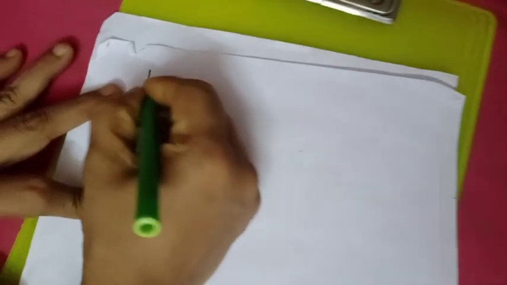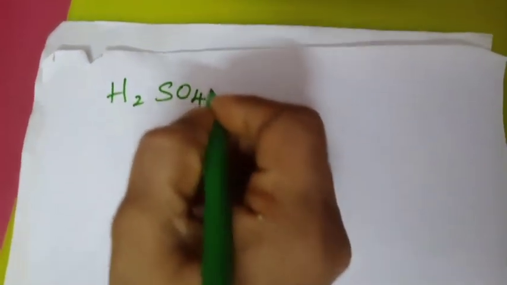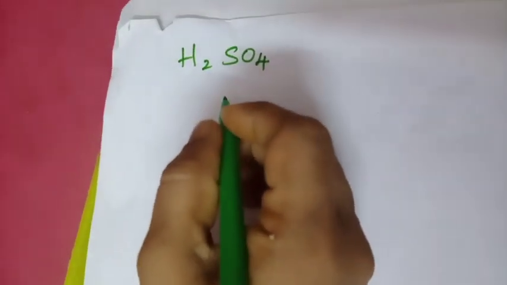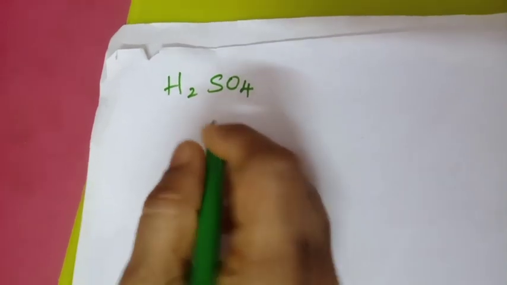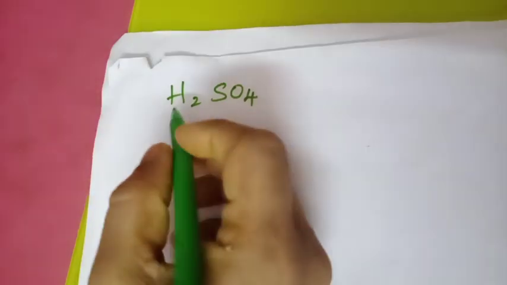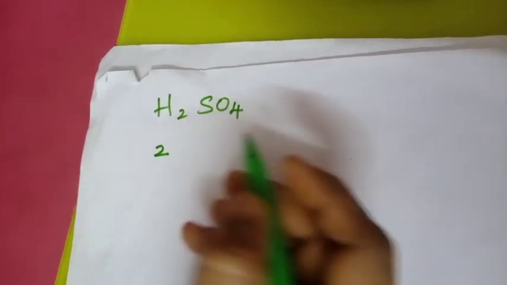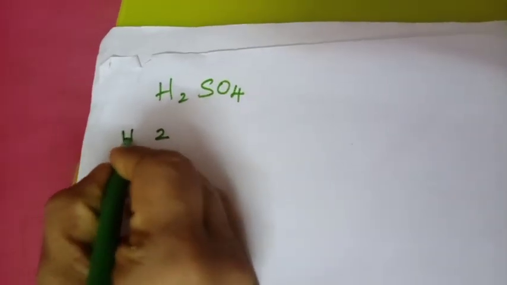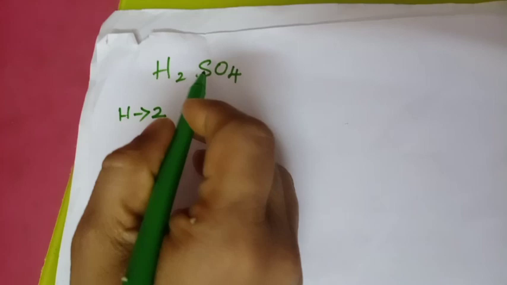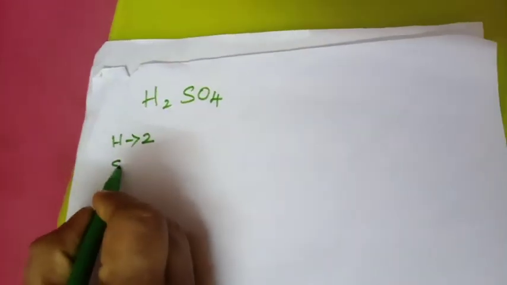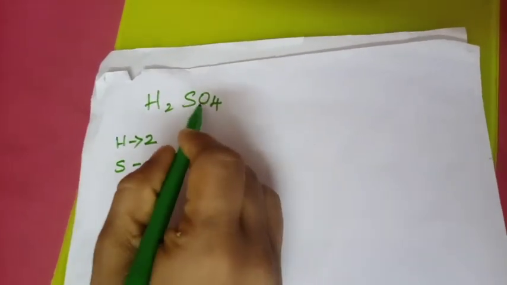So let us see how to calculate the molecular mass for sulfuric acid, H2SO4. First we'll see how many atoms of hydrogen are present in this. 2 atoms of hydrogen. Hydrogen 2. And then sulfur 1.